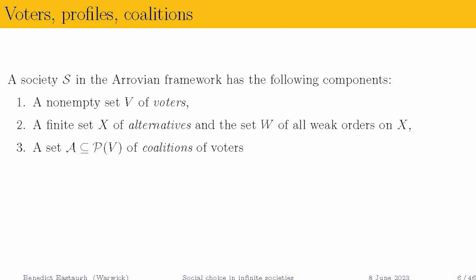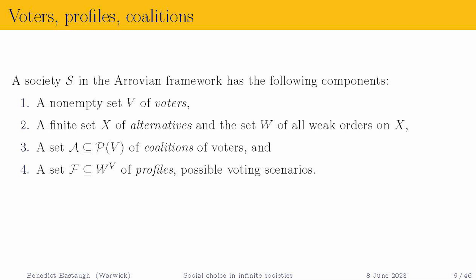We can think of this as being, to begin with, just any set of voters can be a coalition. But typically we'll think of these as being perhaps economic groups like classes, or people affiliated with certain political parties. In general, we're going to think of any set of voters as being a coalition, at least to begin with.